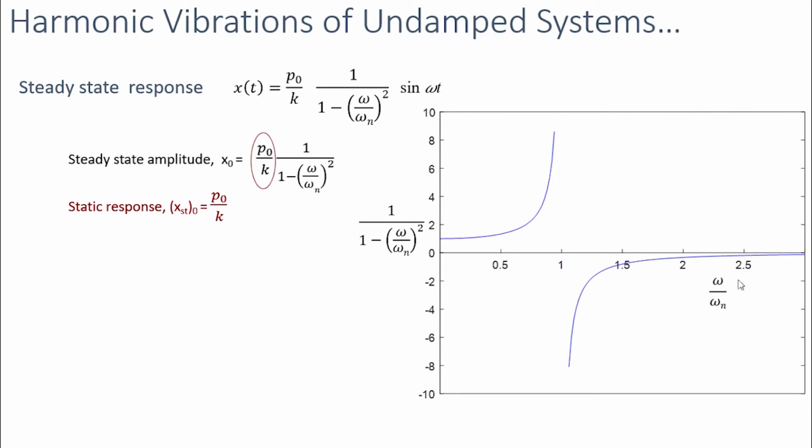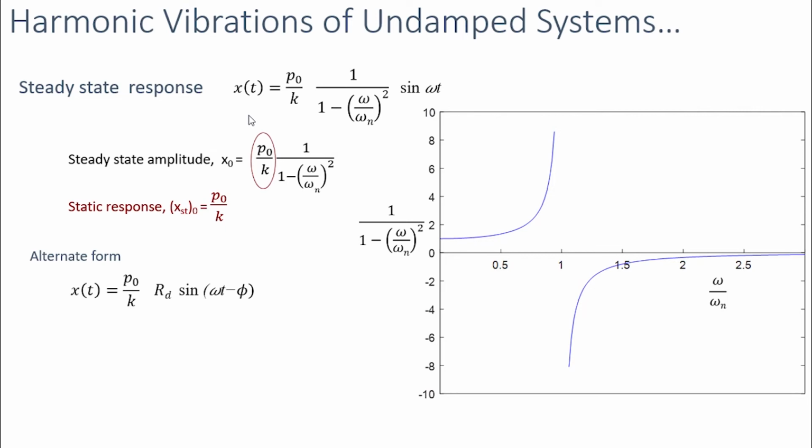So when the frequency ratio is higher than √2, we will have a steady state amplitude less than the static response. Until the frequency ratio is √2, we will have a steady state amplitude which is either equal to or higher than the static response. But when the frequency ratio is beyond √2, our dynamic steady state amplitude will be less than the static response.